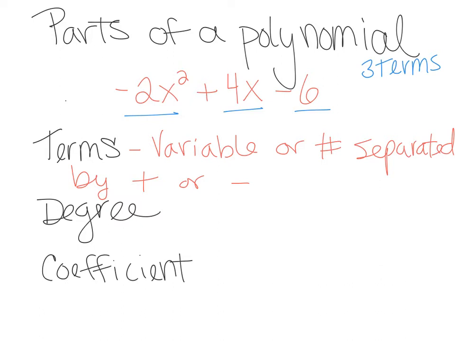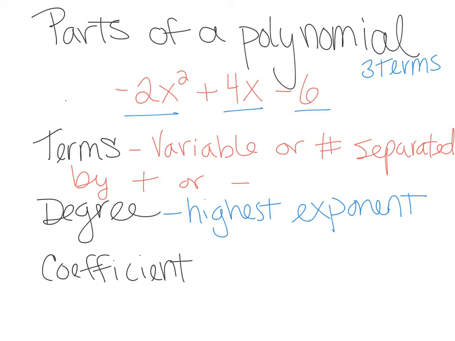All right. The degree of this polynomial is the highest exponent that we see on each of the terms. If there is more than one variable, which we'll look at in a few minutes, with one of your terms, then you want to add the exponents together.